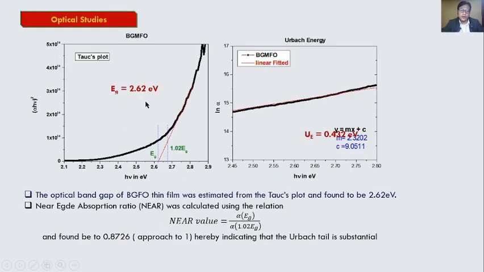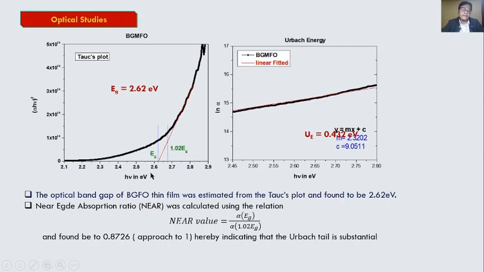The main part of the optical studies is to determine the optical band gap, which was calculated from the Tauc plot by linearly extrapolating the linear region, and is found to be about 2.62 electron volt.